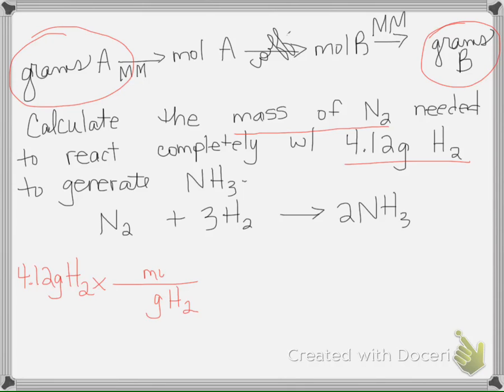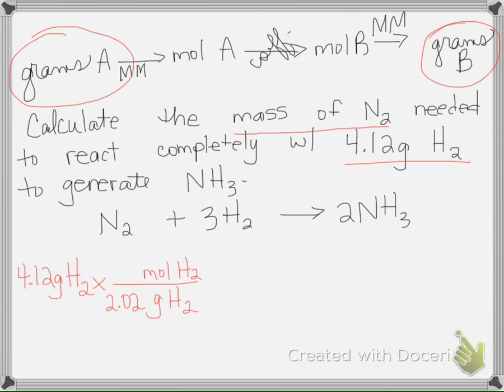Moles of hydrogen. Where do I get my numbers there? You divide by the molar mass. I add up the molar mass for hydrogen, which is 2.02, isn't it? Right? Because the periodic table says one hydrogen is 1.01, but this is H2.